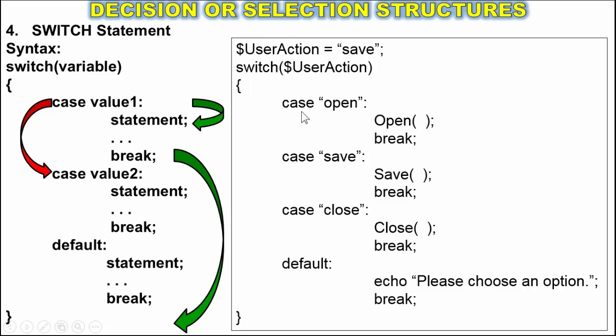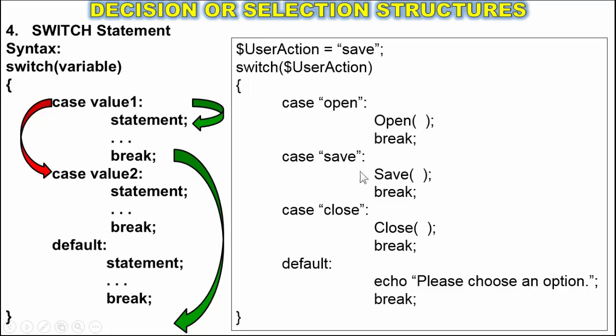And the first case will be compared with the current value of the $UserAction, which is save. So it will compare if save is equal to open, and it does not match. Therefore, the next case will be compared. Is save equal to the current value of the $UserAction, save? And it matches.